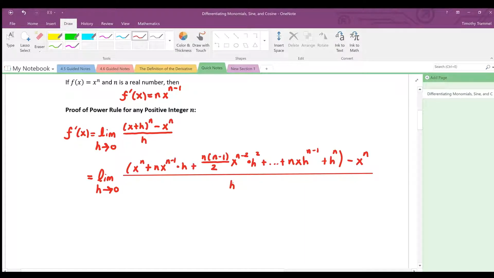And you might already see that we're going to have a couple terms cancel out: x to the n and minus x to the n. But you also might be wondering, how did we do this? Where on earth did this come from? If you want to look into this a little more, it's called the Binomial Theorem.